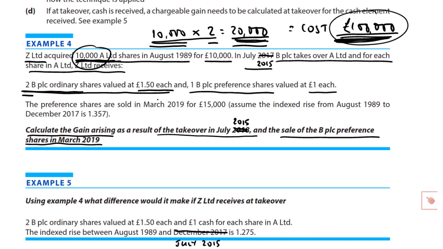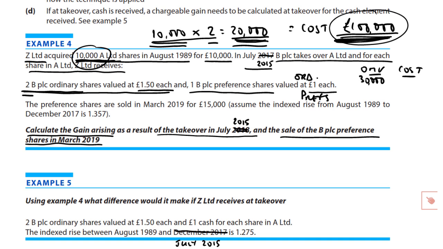You will have 2 columns on the right hand side of this working: open market value and cost. You now know, in terms of ordinary shares, you would show the working 10,000 times 2 times £1.50. You have got a market value of 30,000.